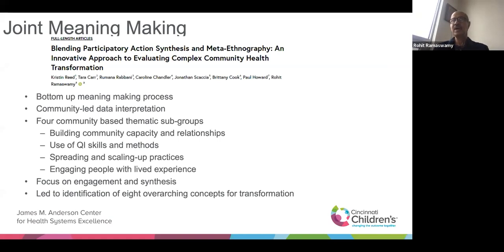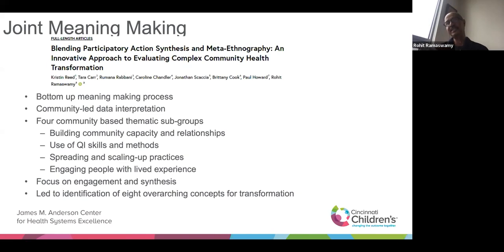And so we led this in partnership with the communities. Our evaluation team led this process of engagement and synthesis where we worked with multiple thematic subgroups. So we've got these 4 subgroups here: one around building community capacity and relationships, one of using QI skills and methods, one related to spreading and scaling up practices, and one engaging people with lived experience.